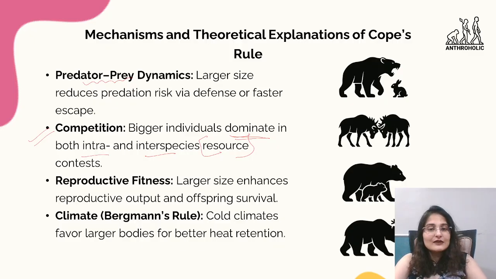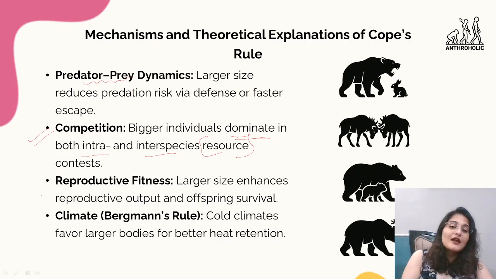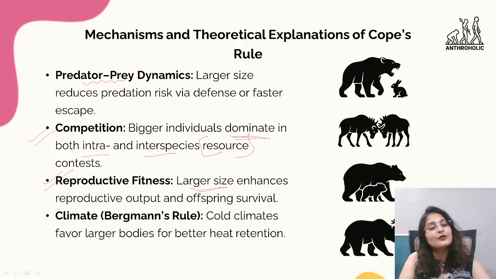So territory easily becomes theirs, and dominance over resources easily becomes theirs. Then reproductive fitness: larger size enhances the reproductive output as well as offspring survival. The survival chance of their offspring matters, because if it's a very small animal, its offspring is going to be much smaller, and if the offspring is also very small, the predators hunting on it become more numerous.